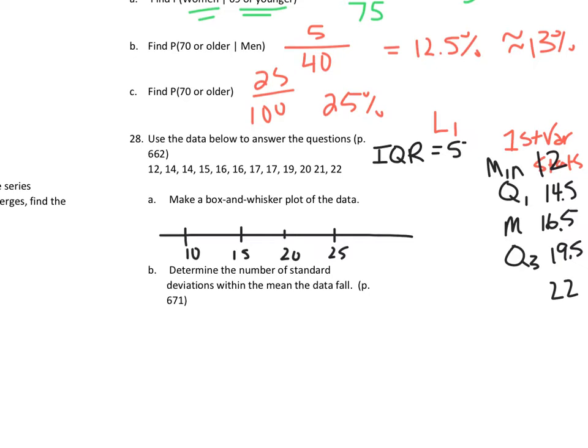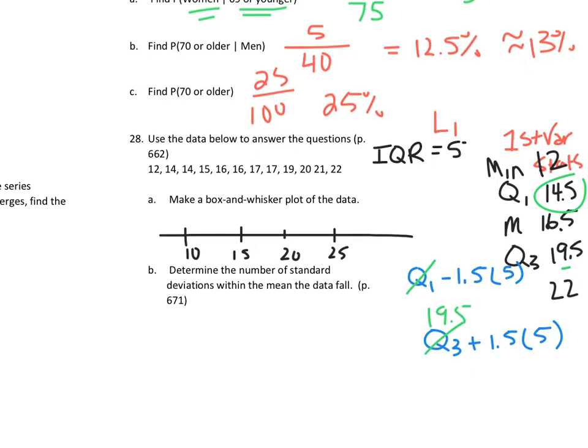I'm going to do Q1 minus 1.5 times the IQR, which is 5, and Q3 plus 1.5 times the IQR, which is 5. Q1 is 14.5 and Q3 is 19.5.